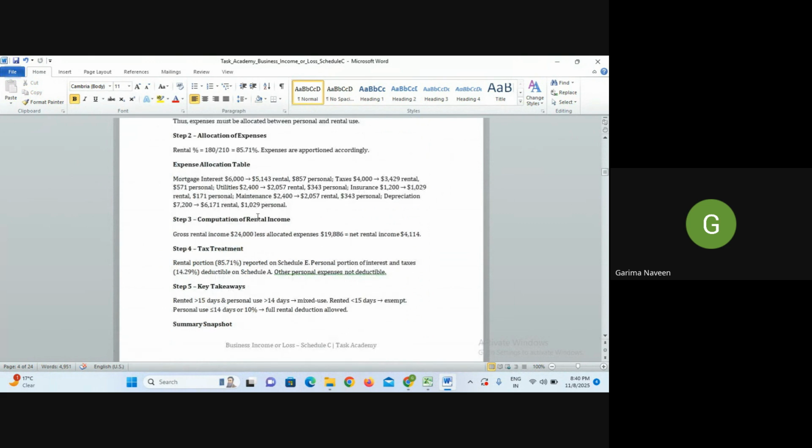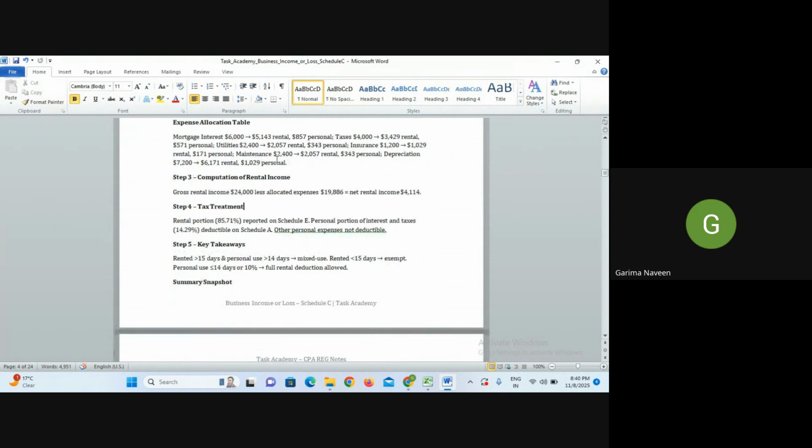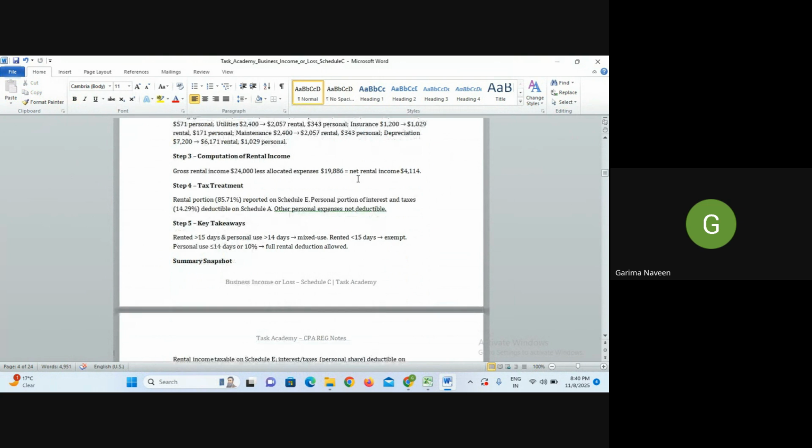And for expenses related to your personal use part, you can only deduct interest and taxes from your Form 1040 as an itemized deduction. Other personal expenses are not deductible, for example, depreciation, insurance, utilities. You can't deduct them for personal use.